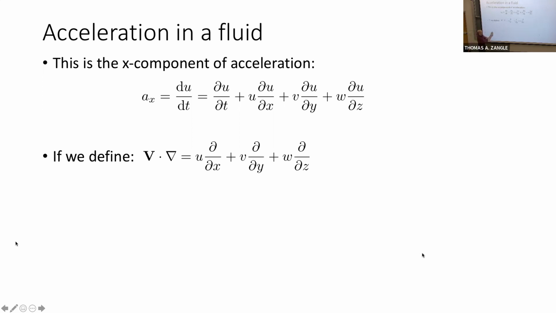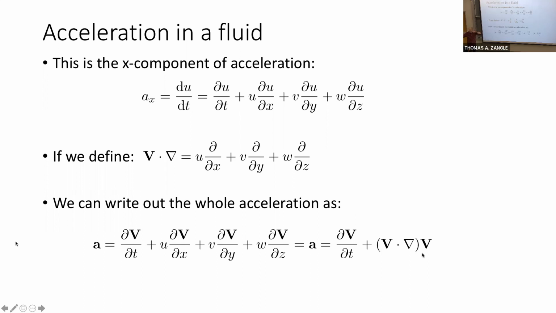Now we will typically define an operator, this del operator, V dot del, as equal to this expression here, basically encapsulating all of the u ∂/∂x plus v ∂/∂y plus w ∂/∂z. And this allows a simplified expression.